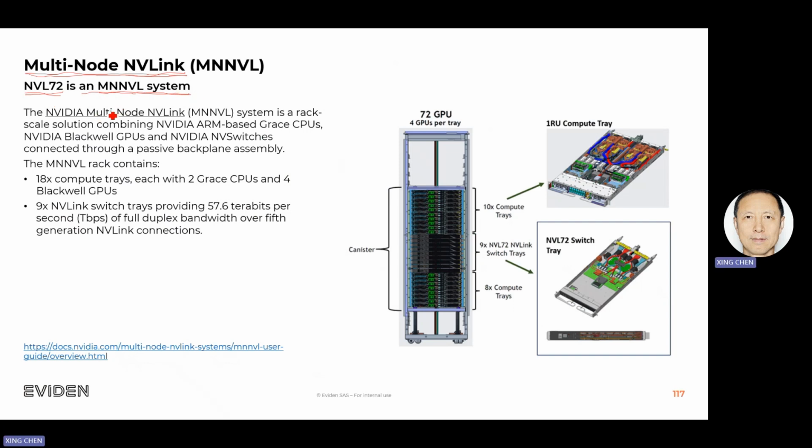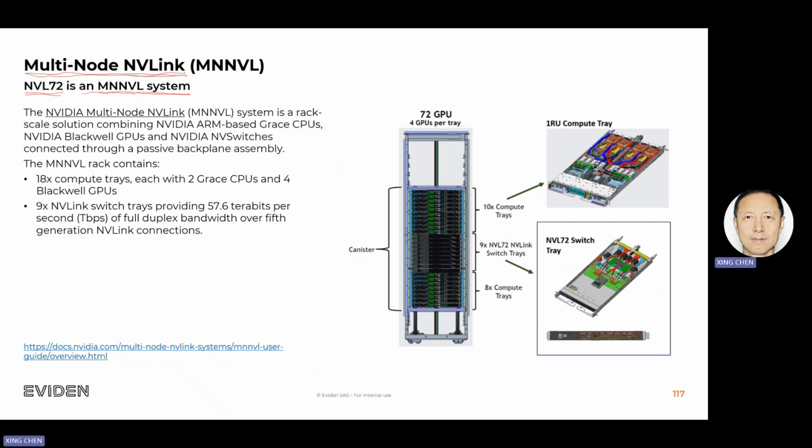Basically, the understanding is that NVL72 is a system with multi-node NVLink domains, that is, NVL domains that are crossing multiple nodes. That's the understanding.